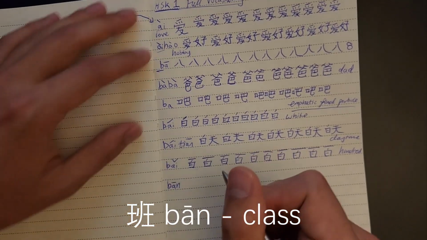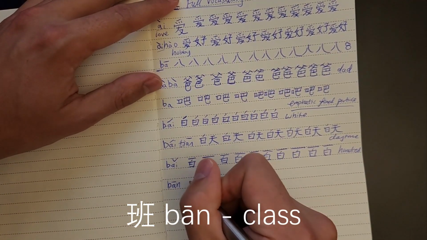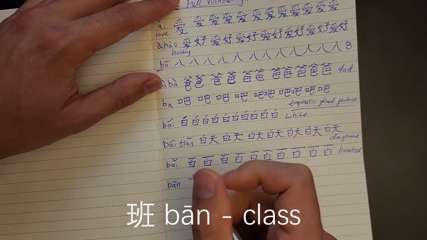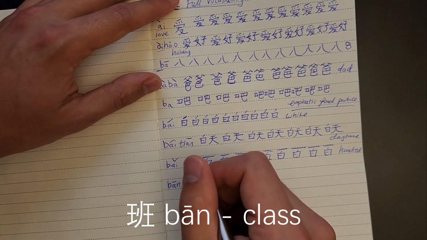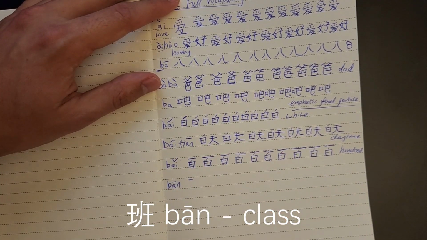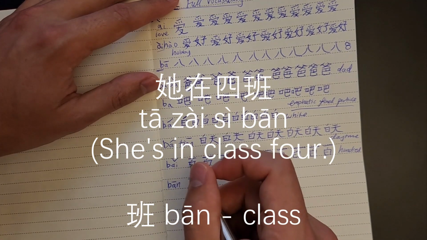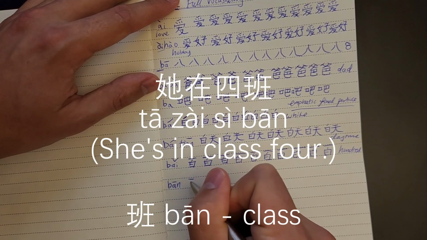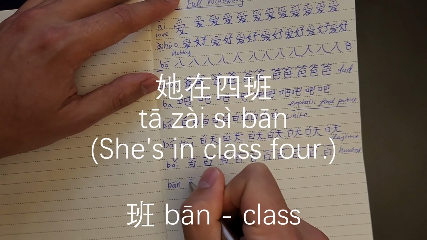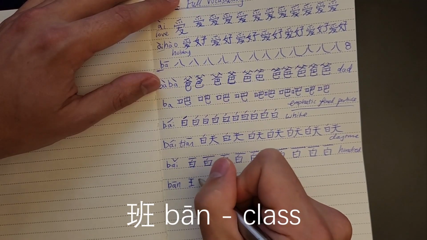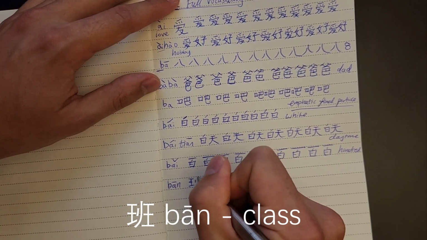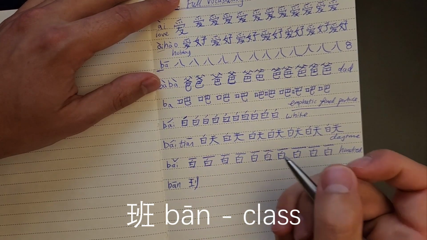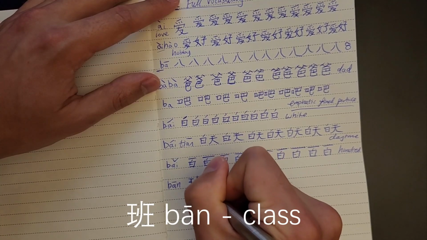So this one's a little more complicated. Let's see here. Bān means class. Like in a classroom. She's in this class. She's in class 4. Tā zài sì bān. Sì bān. It's class 4. So we got these 1/2, and then a little dot, this kind of long splitting line here, and then we do it again on this side.